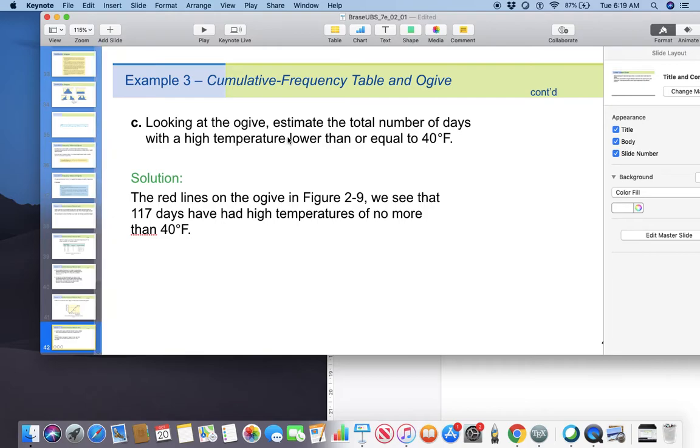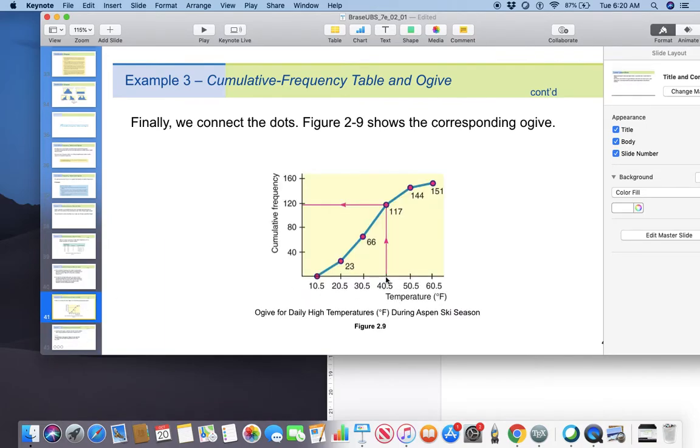So looking at the ogive, estimate the total number of days with a high temperature lower than or equal to 40 degrees Fahrenheit. The red lines on the ogive show that it is 117 days. So what happens at 40? 40 lives here. I'm looking at 40.5.